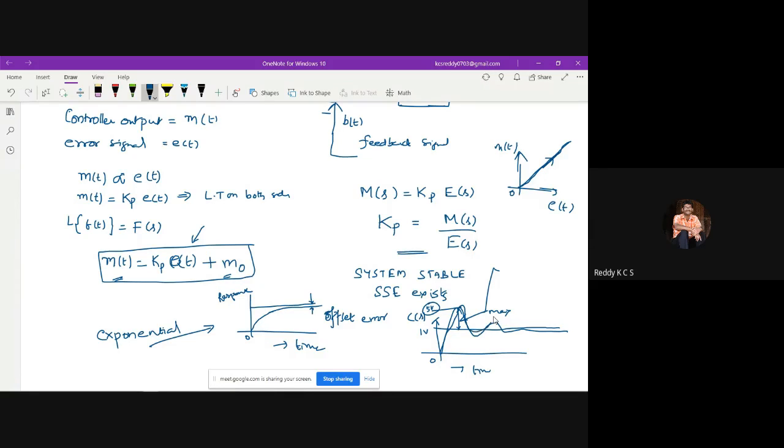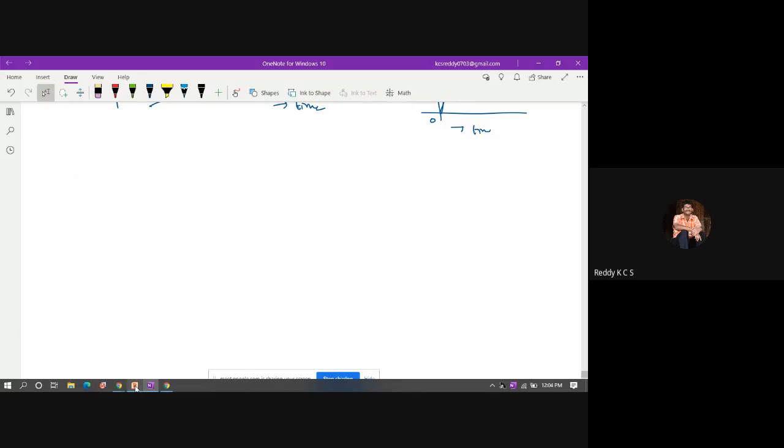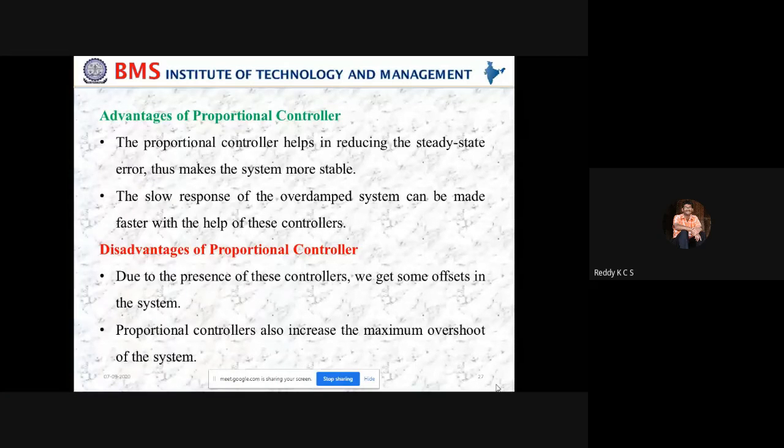Because of these proportional controllers, the maximum overshoot will increase. That is the disadvantage we have discussed in proportional control.